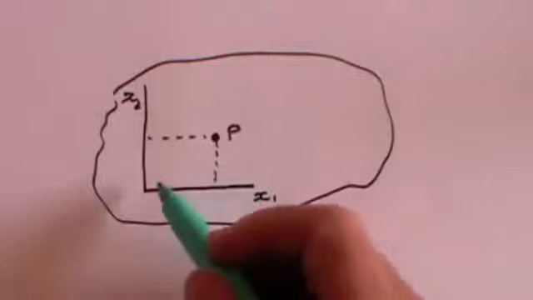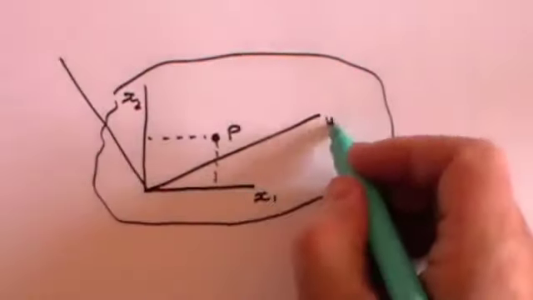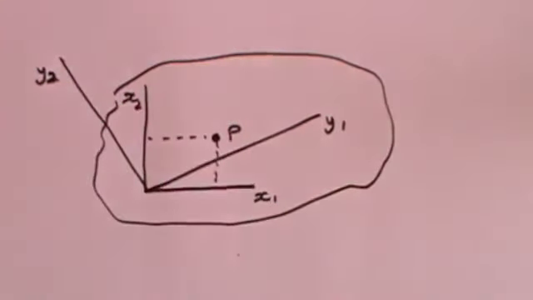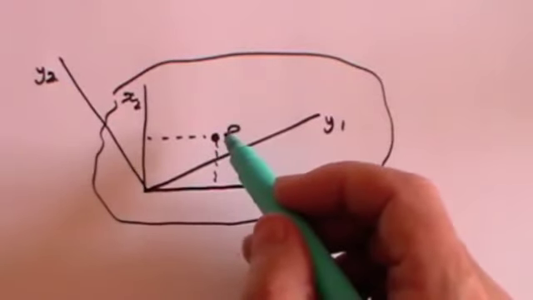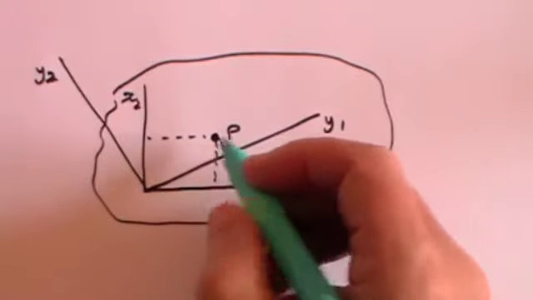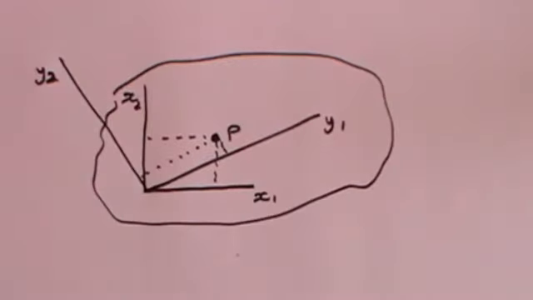But somebody else could come along and create another set of coordinates, which we will call Y1 and Y2. And now P, of course, I haven't changed my position, I'm still standing on the hill at position P, but as far as the Y frame of reference is concerned, the coordinates are quite different. Y1 and Y2 are quite different from X1 and X2, even though I'm at the same place.